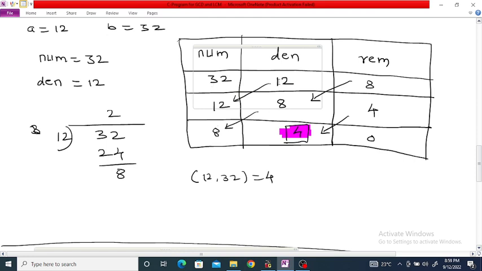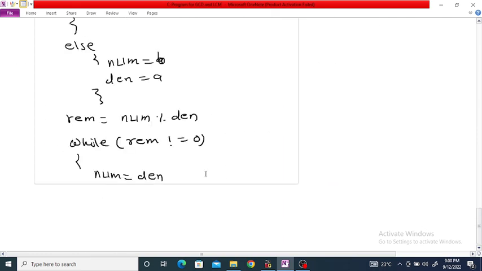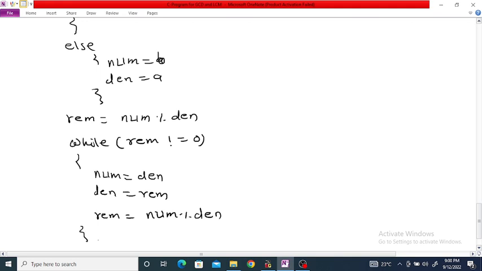Here for the first step this is a denominator, and for the next step 12 is a numerator.